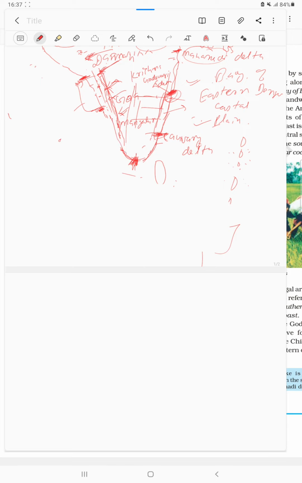Here is Lakshadweep. India has only two island groups. One is the Andaman and Nicobar, and this one is Lakshadweep.